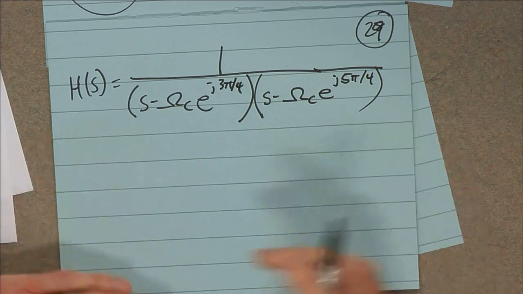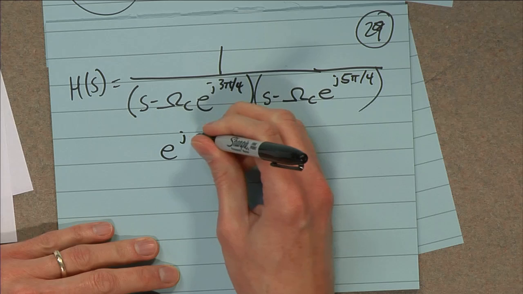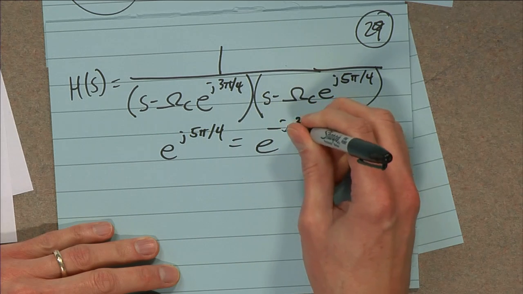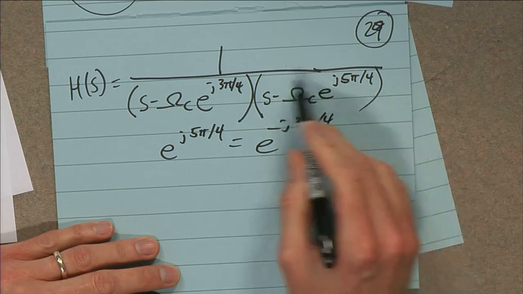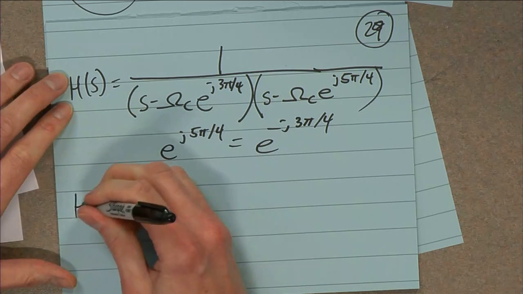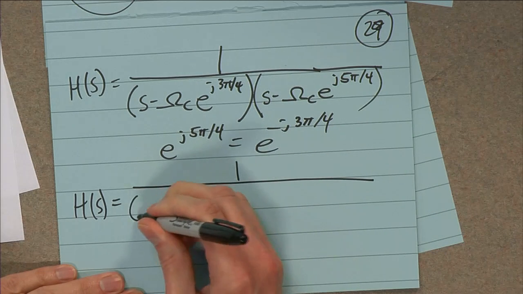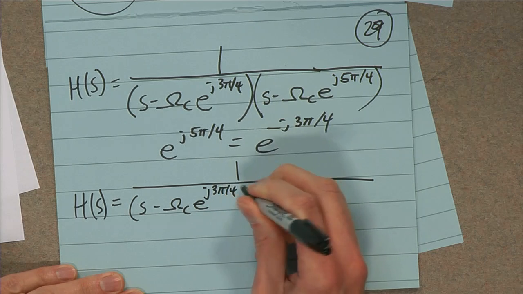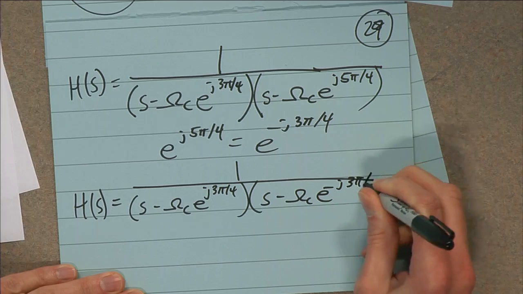So now we have a good start on H of S, but we can make some simplifications real quick. E to the j 5 pi over 4 is also equal to e to the minus j 3 pi over 4, which is a useful substitution for us because that means we can clean this up and use some Euler relations to quickly simplify it. So if we do that, e to the j 3 pi over 4, e to the minus j 3 pi over 4.